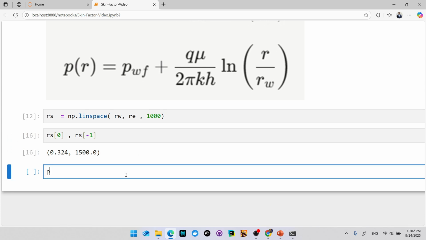Okay, and now let's type the function to calculate the pressure at these points.